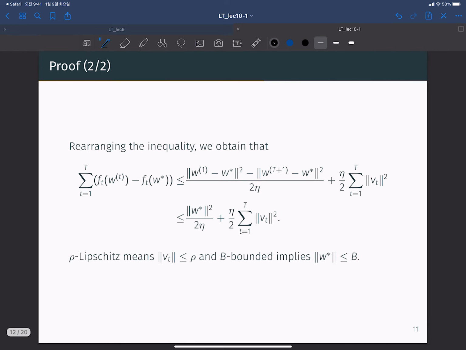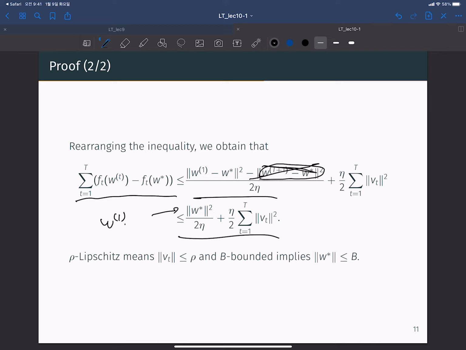So rearranging the inequality, the regret is upper bounded by the norm square of w_1 minus w star, minus something, but because this is a positive thing, we can simply ignore it and upper bound this term, which is upper bounded by the norm square of w star over 2 eta plus eta over 2 times the summation from t=1 to capital T of the norm square of v_t. Here we use the fact that w_1 is the 0 vector.